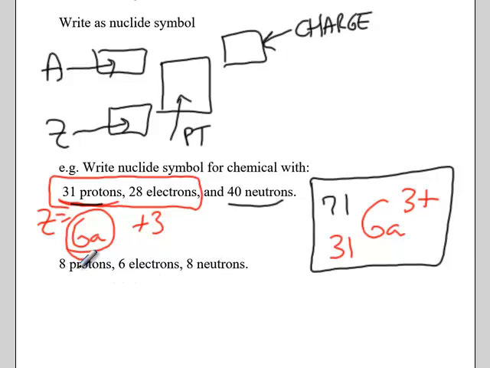The next example, 8 protons, tells us from the periodic table that we're dealing with oxygen. If we had 8 protons and 6 electrons, that's going to be a net positive 2 again.